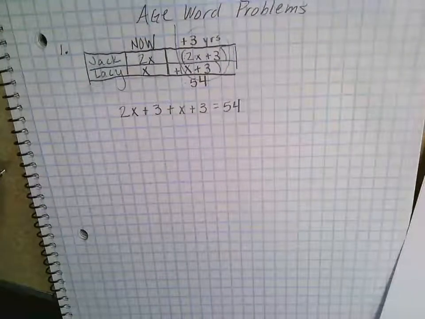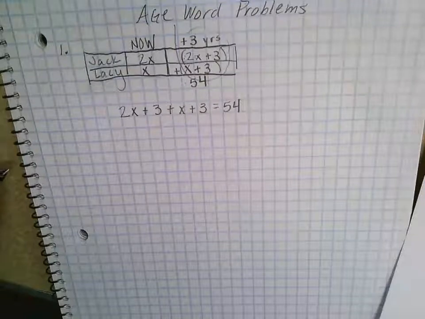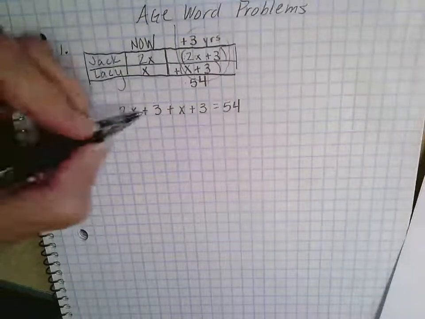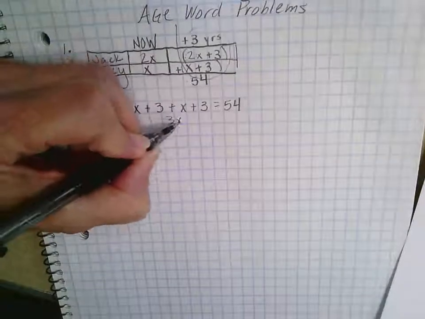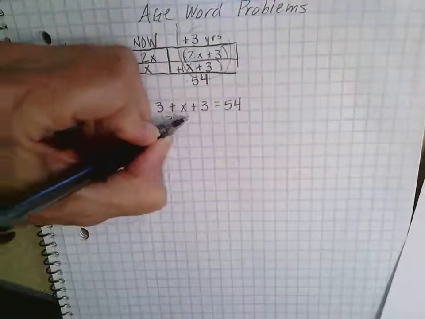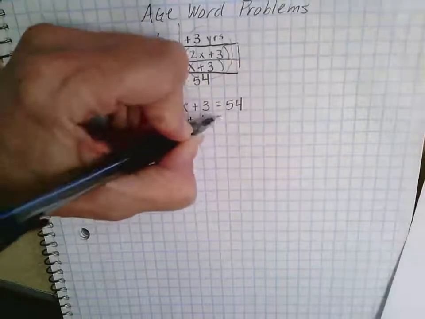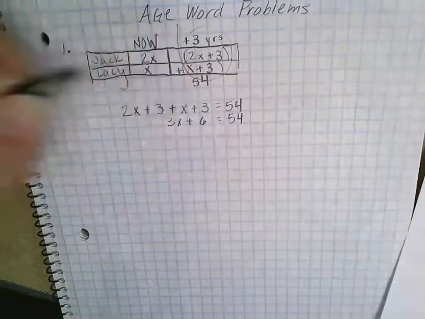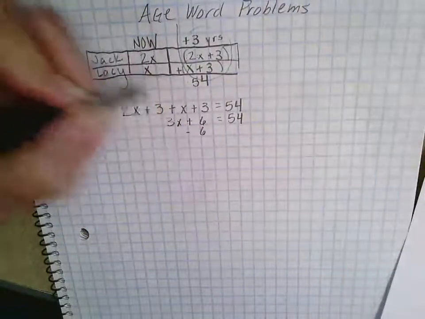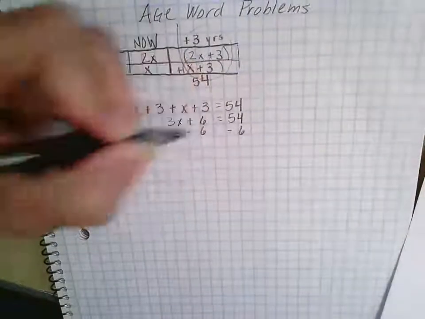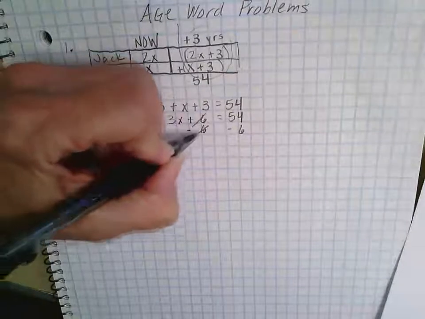Then I can simply combine terms and solve for x. So I have 2x's plus 1x is 3x. I have 3 plus 3 is 6, and that's equal to 54. I want to use the inverse operation for my addition, so I'm going to subtract 6 from each side.